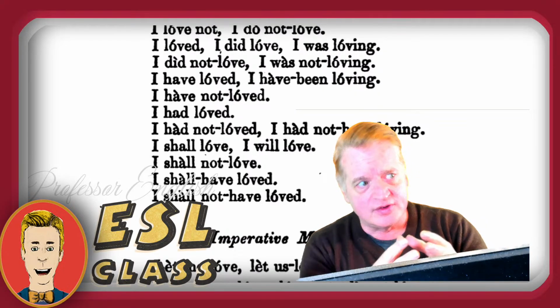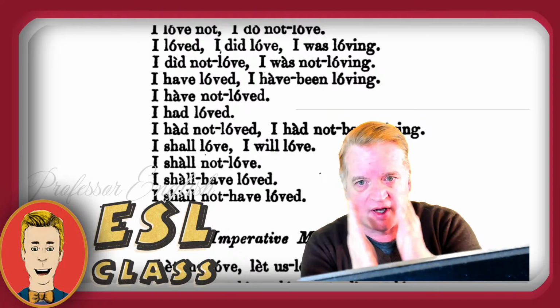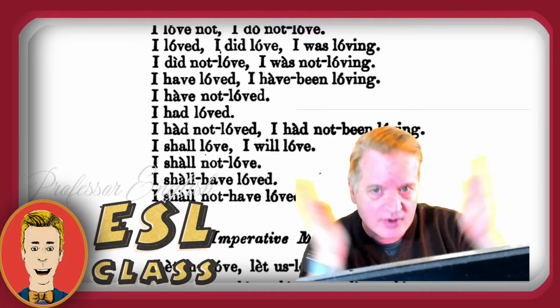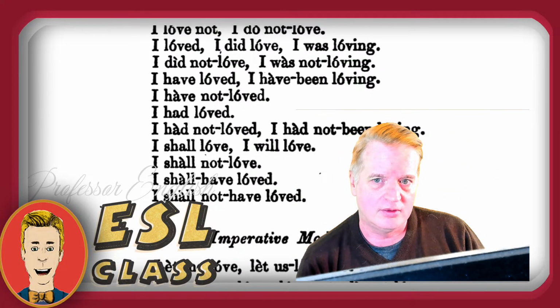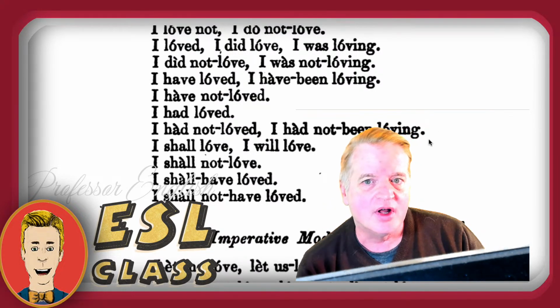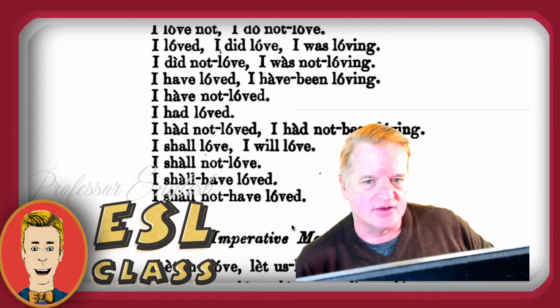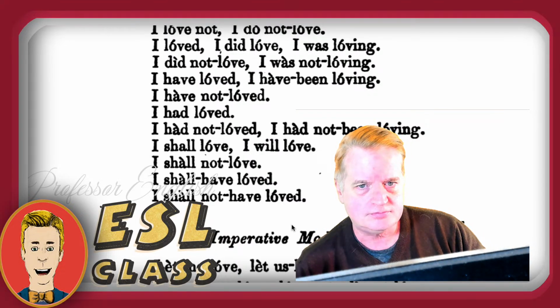Again, this has something to do with the big small rhythm, because you can say I've loved, I've loved, like that. So the I have could definitely be I've loved. How about the next phrase? I have been loving.